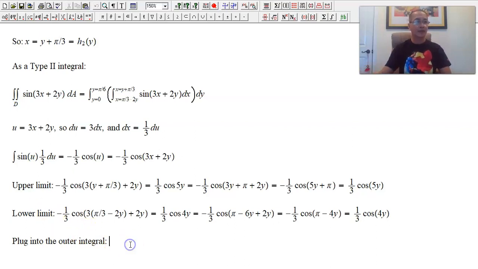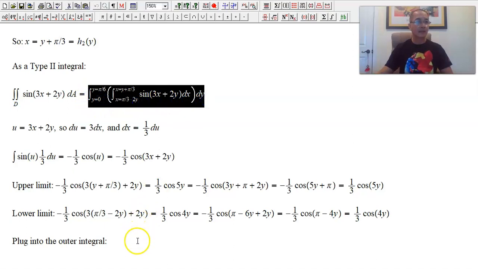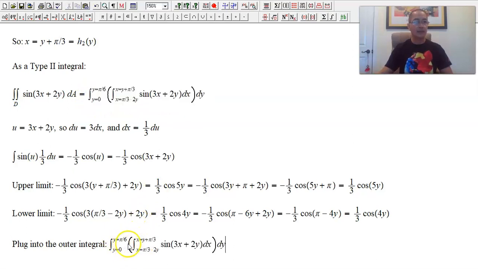Okay. So we are going to get now the outer integral 0 to pi over 6, and we have evaluated the inner integral as we have the upper limit here minus the lower limit over here, which is that.